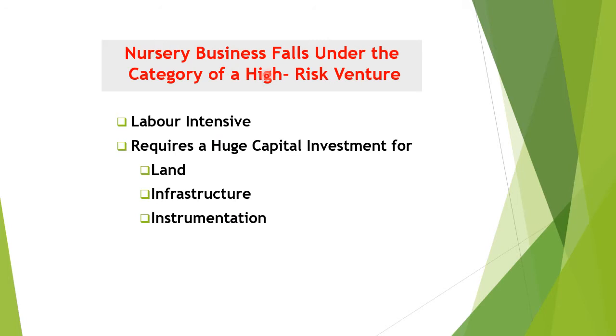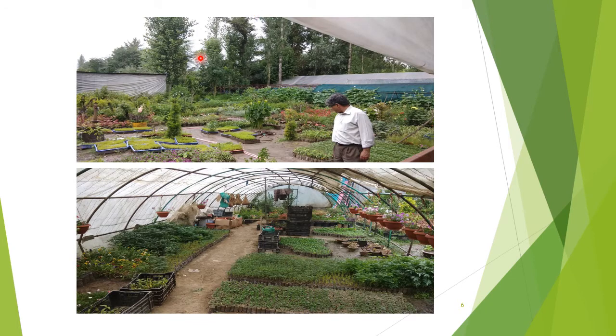That's why it's considered as a high risk venture. In a nursery you will see that you need land, you need equipments, you need infrastructure, greenhouse, and all this for the successful operations of the nurseries.